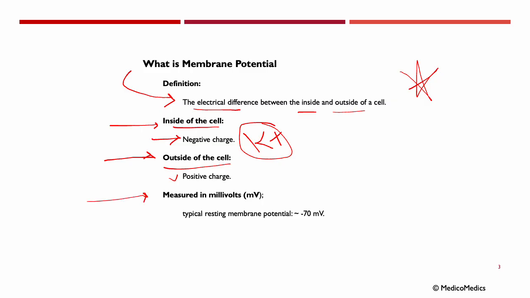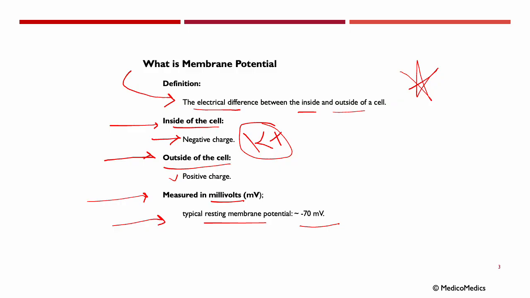Now, another important concept is resting membrane potential. The magnitude of the membrane potential is measured in millivolts, and it represents the electrical difference across the membrane. A typical resting membrane potential in most animal cells, including in neurons, is approximately minus 70 millivolts.